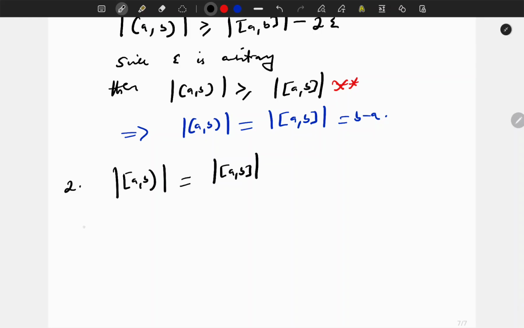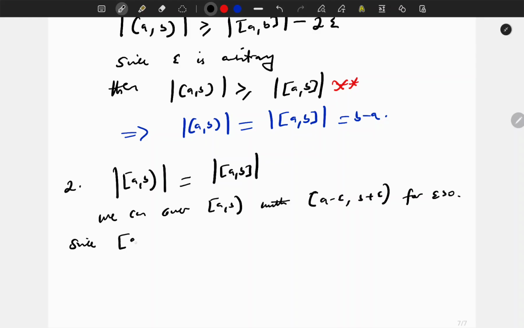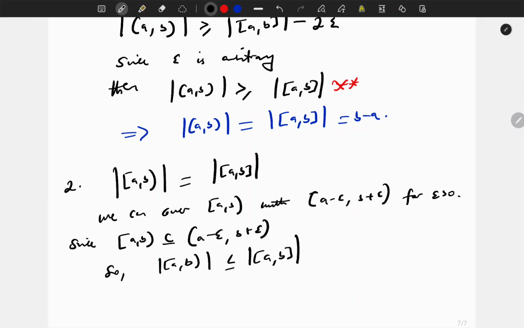Clearly we can cover [a,b) with (a minus epsilon, b plus epsilon) for epsilon greater than 0, and since [a,b) is a subset of that, the outer measure of [a,b) has to be less than the outer measure of [a,b].